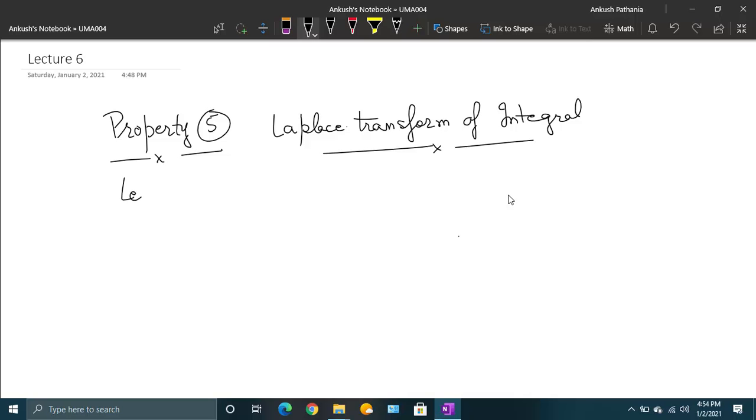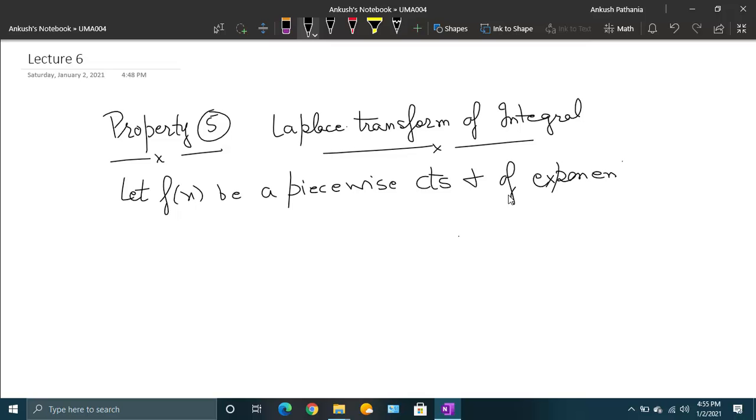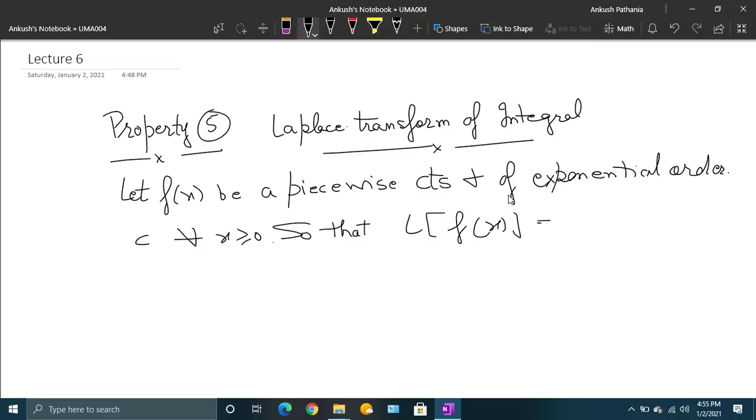Now this is property 5, where we are going to find the Laplace transform of an integral. It says: let f(x) be piecewise continuous and of exponential order c for all x greater than or equal to 0, so that Laplace of f(x) is equal to F(p).